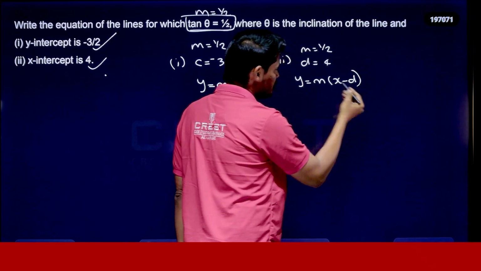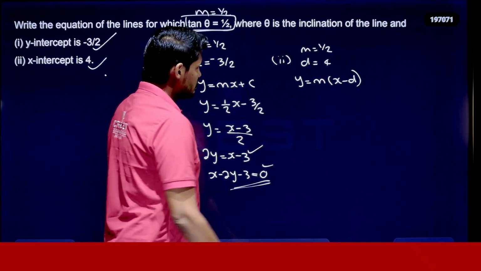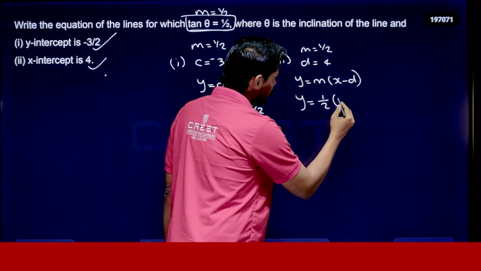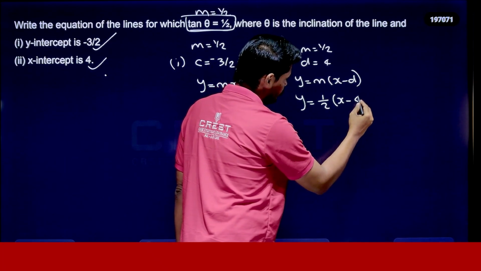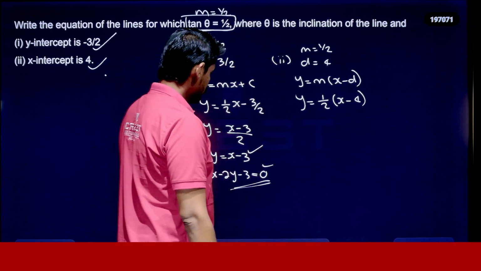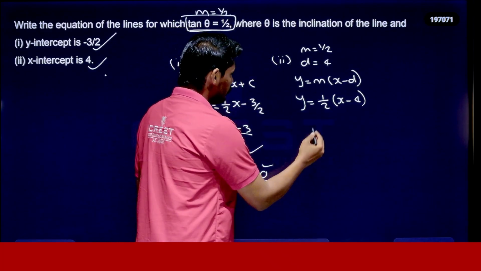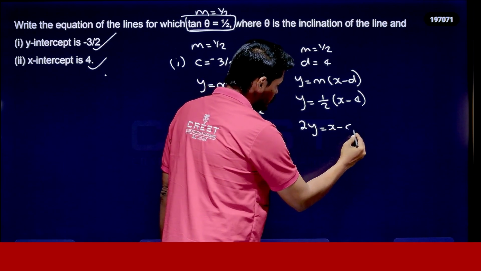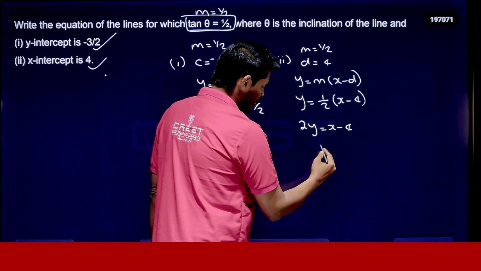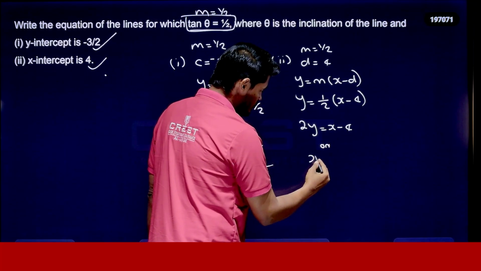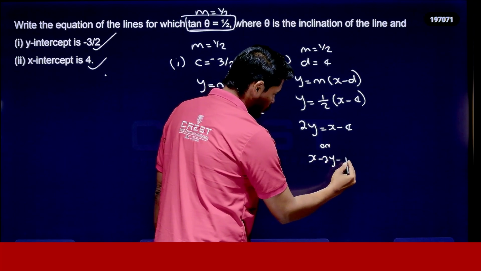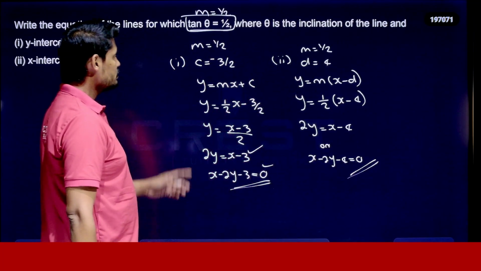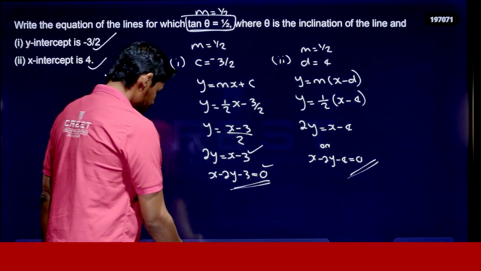So it becomes y equal to 1 by 2 into x minus 4. When you cross multiply, 2y equal to x minus 4. We can stop here, or you can write it also like this, x minus 2y minus 4 equal to 0. Both are correct answers. So this is the way we are doing this question.